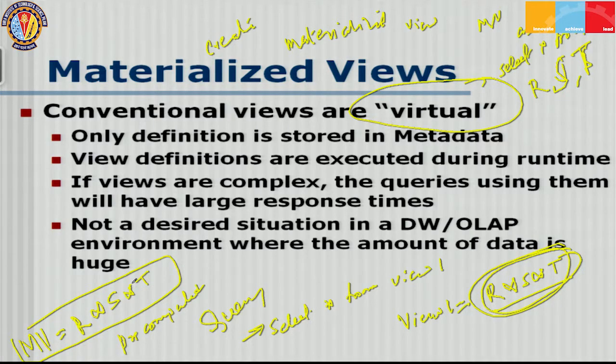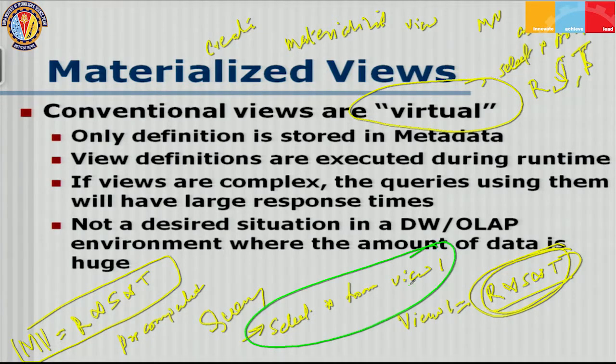So now when I run this query, so let me use another color, when I execute this query, instead of saying view 1, I'll say materialized view. So select star from materialized view. Now this materialized view MV is already pre-computed.